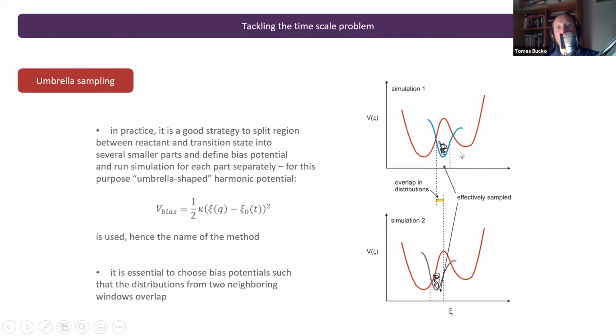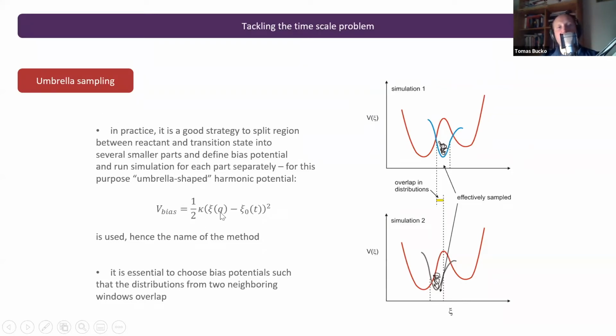We split the region we want to sample into narrower intervals, and we sample each interval separately. For each interval, we define its own bias potential. The bias potential is usually chosen to be umbrella shaped, an umbrella shaped harmonic potential. Hence the name of the method.